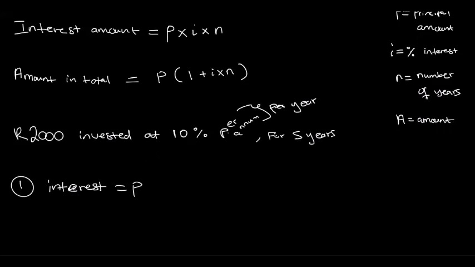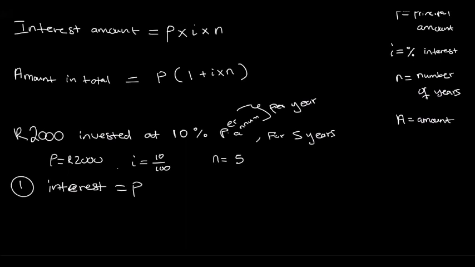P is 2,000, and your interest percentage there is 10%, or 10 over 100, and then your number of years, n, equals 5 years.